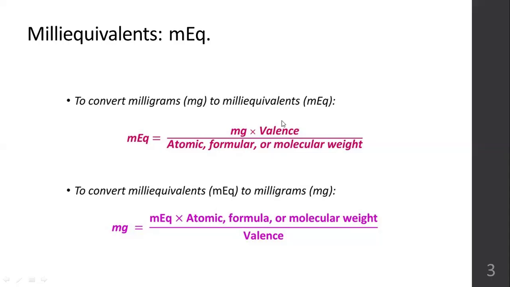The atomic number or molecular weight should be the denominator. These are the chemistry part; you don't have to study it in detail. Just be aware. Equivalent is the formula usually used to understand the amount of electrolytes present in your body fluid or blood serum.